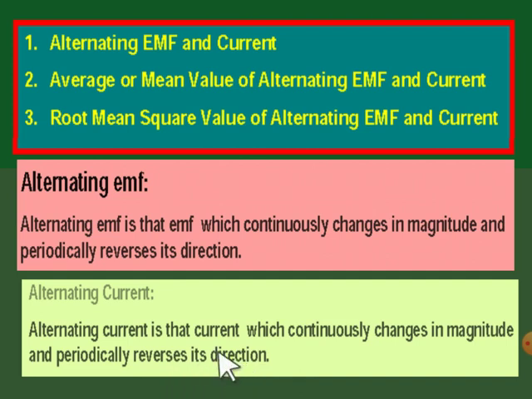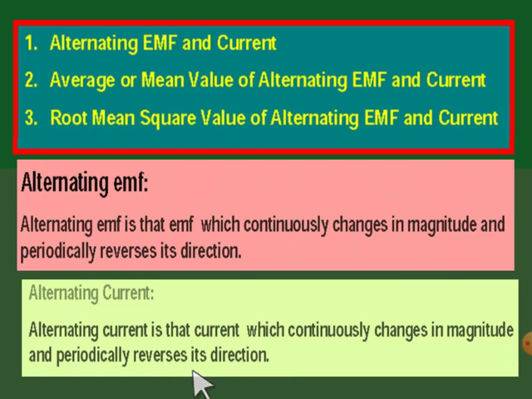Similarly, alternating EMF is that EMF which continuously varies its magnitude and periodically reverses its direction. That type of EMF we call alternating EMF. And similarly, alternating current is that current which continuously varies its magnitude and periodically reverses its direction.